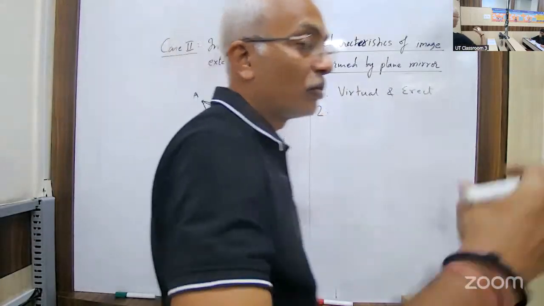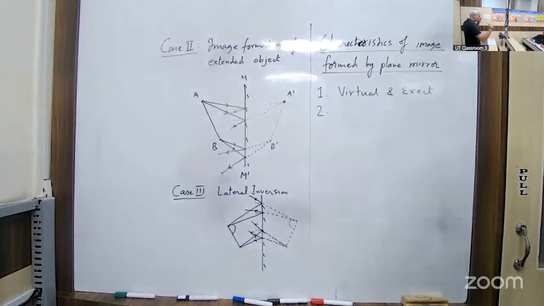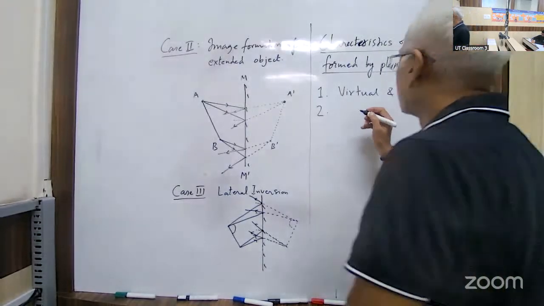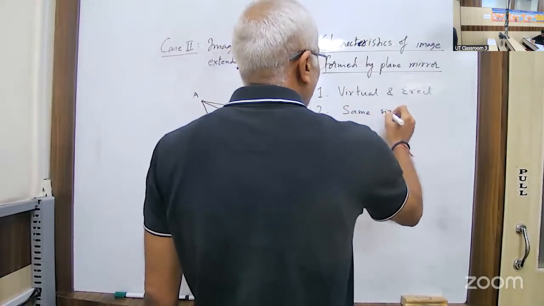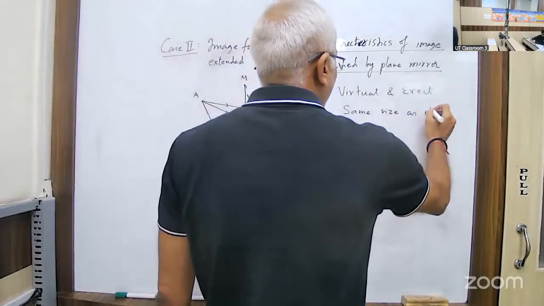So then it will have all the associated characteristics. It cannot be obtained on screen, right? And what else? It is of same size as object.